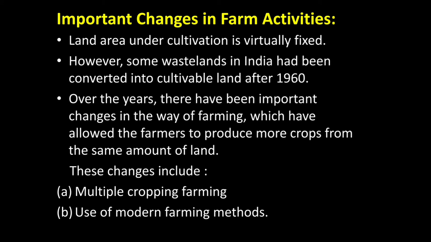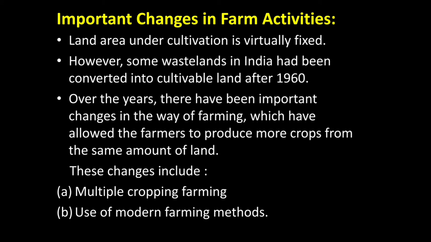However, because of some modern techniques or developments in modern cultivation, some amount of wastelands in India were successfully converted into cultivable land. You will study more about the types of land, that is cultivable land, wasteland, barren land, fallow land, like that, in your class 10th in more detail.